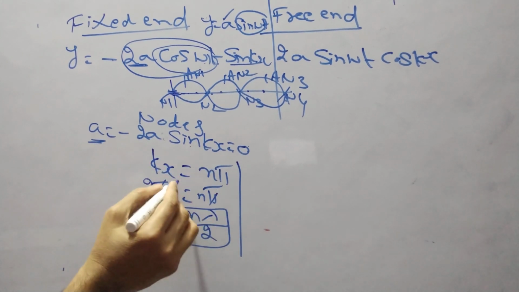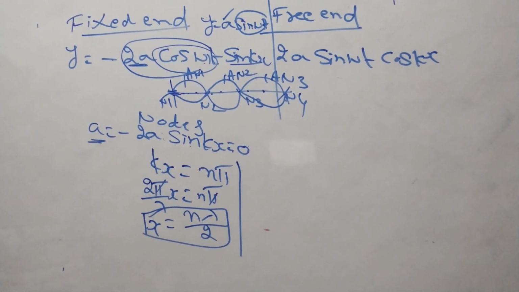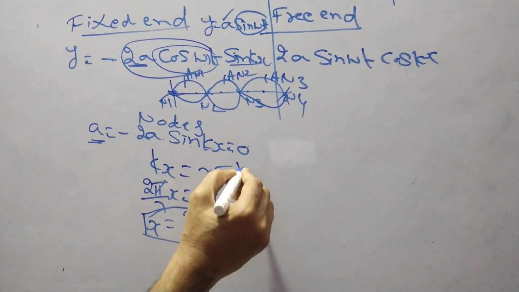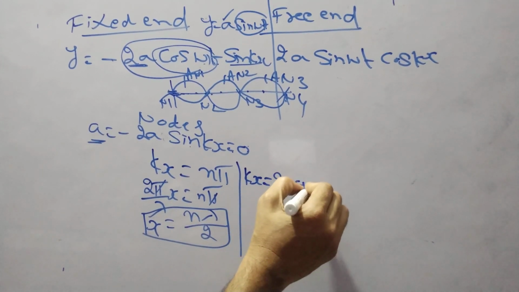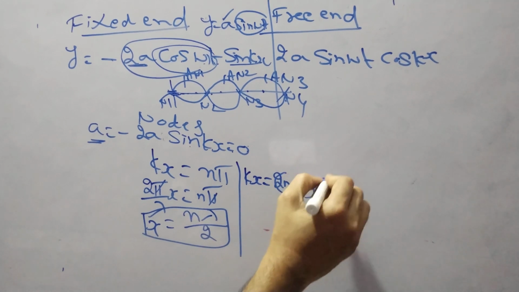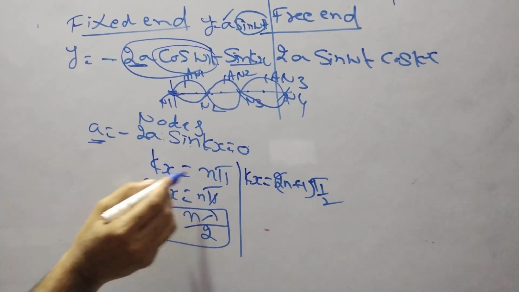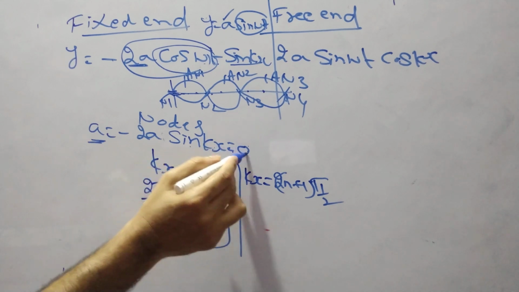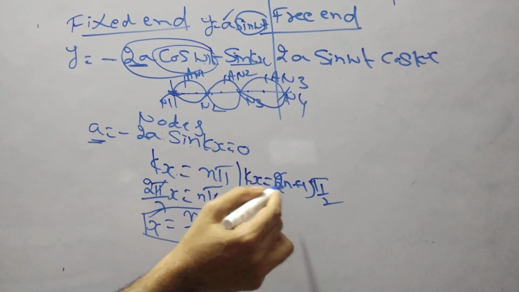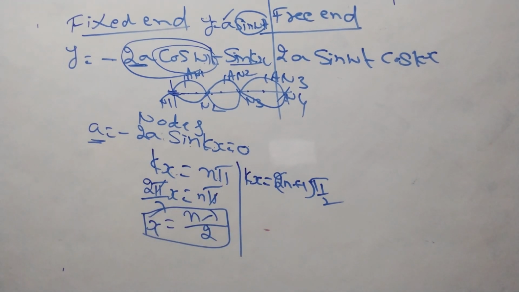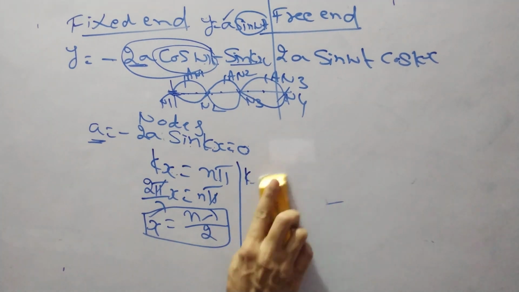So when you take antinodes, what is the kx value? The kx value should give maximum amplitude. So you will get an equation like this: kx equal to (2n plus 1) into pi by 2. How did I get this equation? We have to equate this to maximum amplitude.